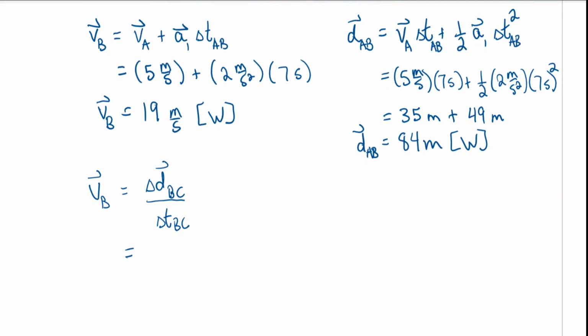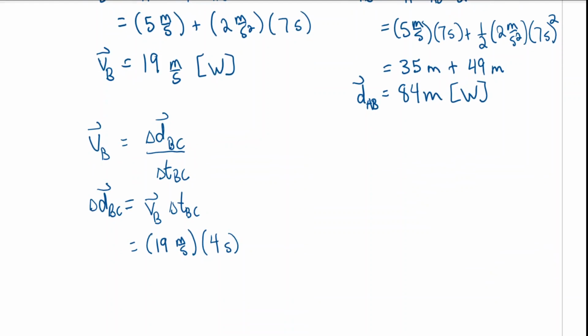And we're going to rearrange this for displacement and then substitute in our values. So we have our velocity and our time, which we calculated in the first part, it's 19 meters per second. And this time we have 4 seconds for this interval. So 19 times 4 is 76 meters.